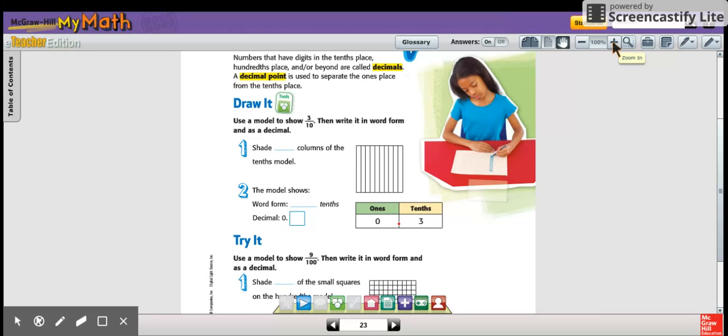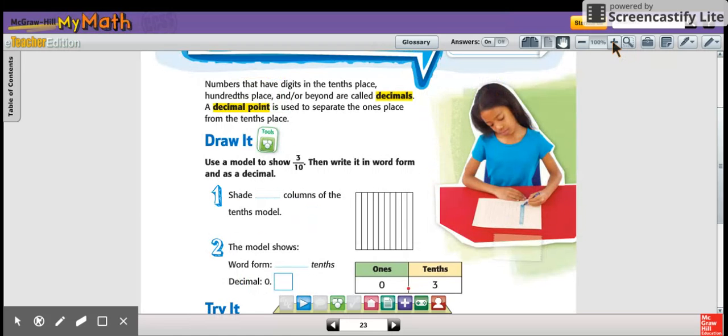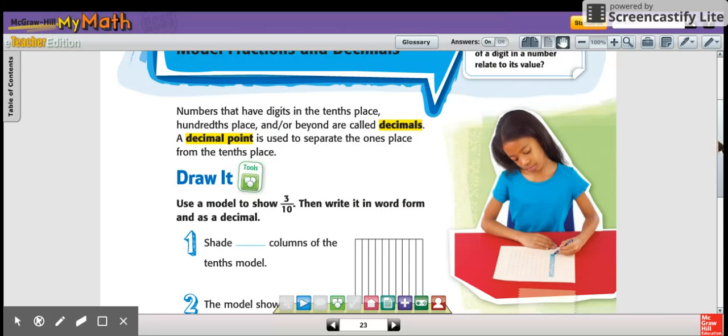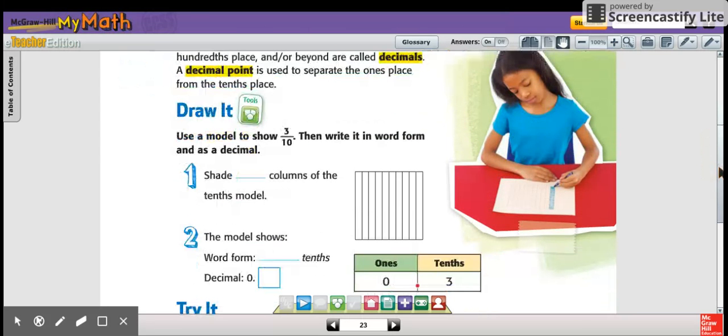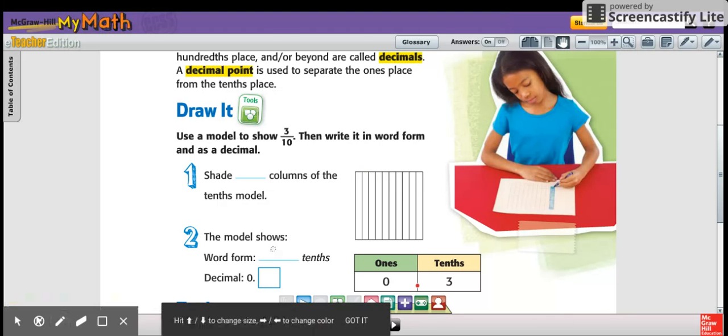if we have a whole box there, each of these lines or these full rods here is worth a tenth, because there's 10 of them here. So we're going to shade how many? Well, we'll shade 3.